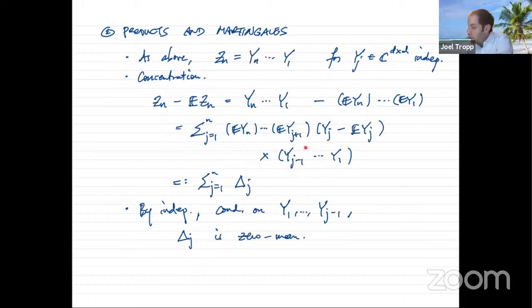If you fix these random matrices here, the factor here on the left is non-random, and this extra term here is independent statistically from this tail term, this last term in the product. And so if you pass the expectation in, the expectation on yj cancels the expectation on yj here and gives you a 0. So that tells you that delta j is conditionally 0 mean given the choice of these random matrices. So what is this? Delta j is a matrix Martingale sequence.